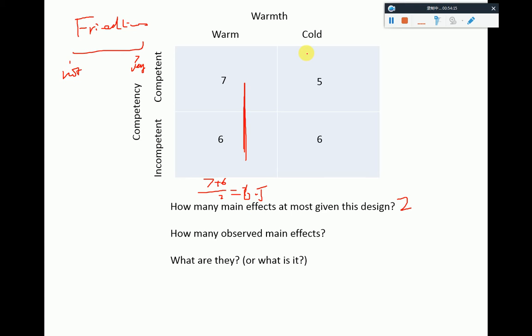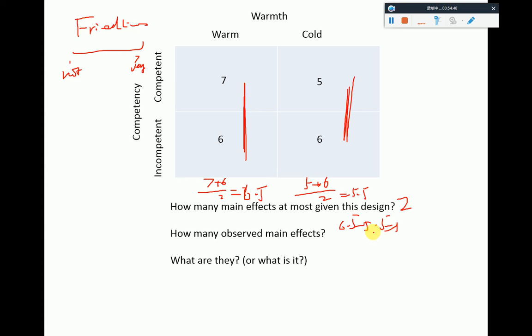Now we can similarly work out the marginal mean for the cold condition, because the cold condition consists of these 2 conditions. So we have 5 plus 6 divided by 2, so it's 5.5. What is 6.5 minus 5.5? That is 1.